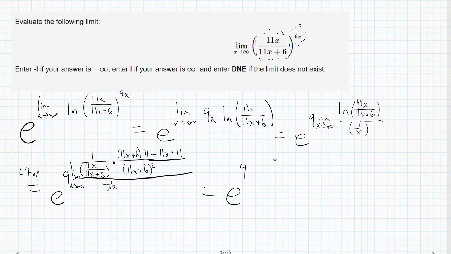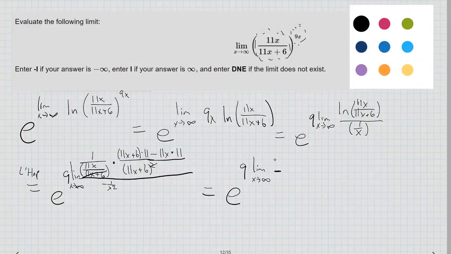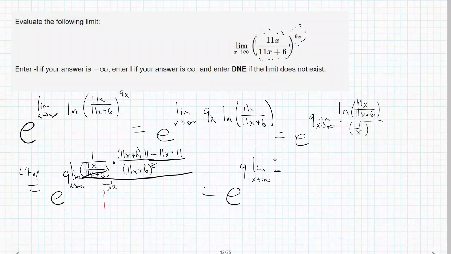So notice the 11x plus 6 squared, that'll cancel off with that 11x plus 6, at least the square will. And so we'll have the limit as x approaches infinity of, we'll have a negative symbol out in front now. And the reason why, because we have that here, let me highlight that. So this is the cause for negative.